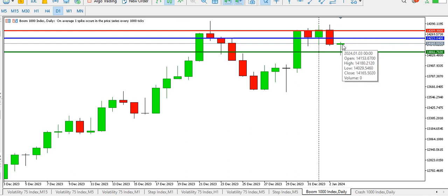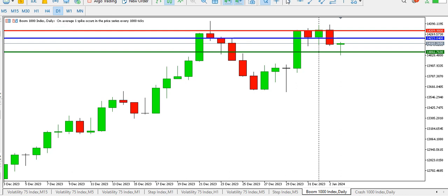So the first point of call will be at the pivot line, the daily pivot line, which is at 14223, before price gets to the daily resistance, the first resistance, pivot resistance 1, which is at 14309 level.